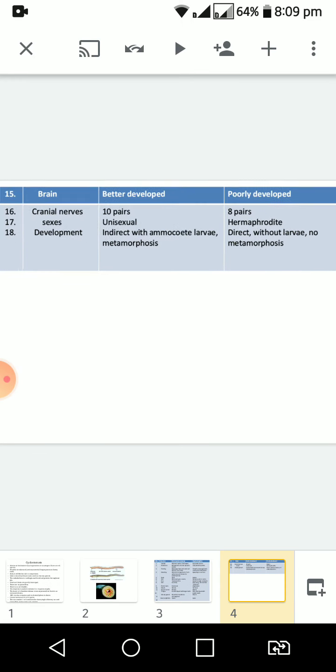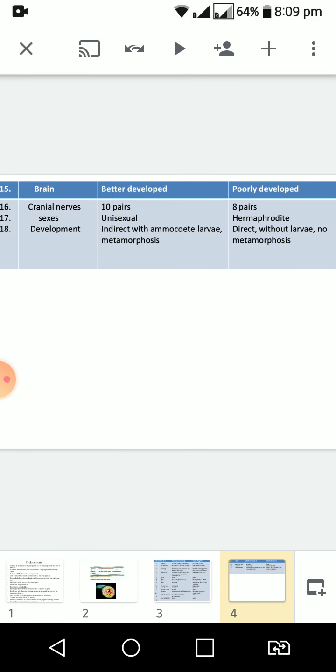Now the cranial nerves: in the petromyzon there are 10 pairs of cranial nerves, and in the myxin only 8 pairs. Now from the brain point of view, in the petromyzon it is a well developed brain, and in the myxin a very poorly developed brain.